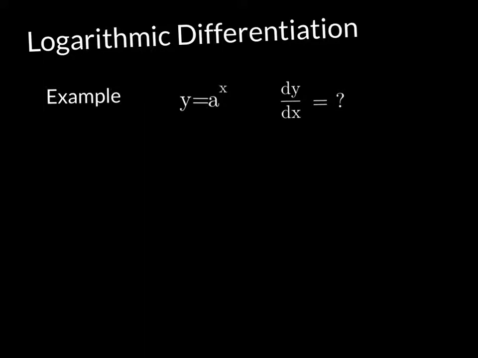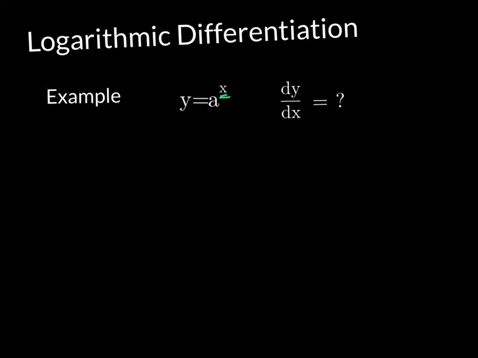So following on from implicit differentiation, I now want to take a look at logarithmic differentiation. We really look at logarithmic differentiation where we have x up in some power. So x is somewhere in the power of a term, and that means that we can't use the standard rules of differentiation, and we have to do something different.